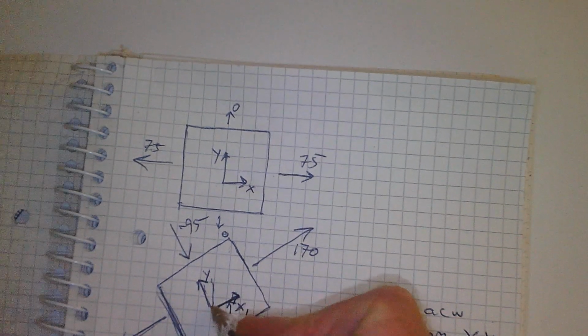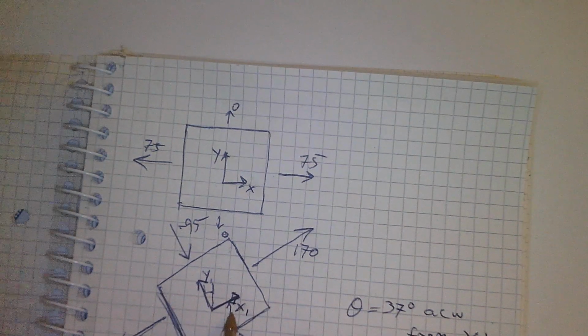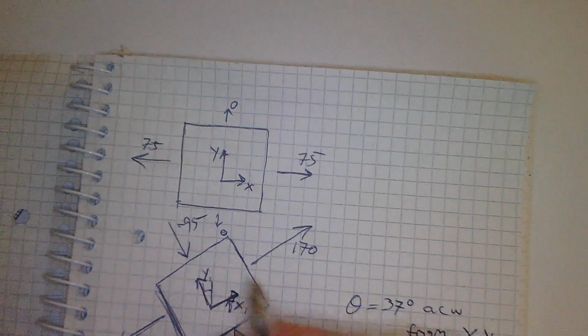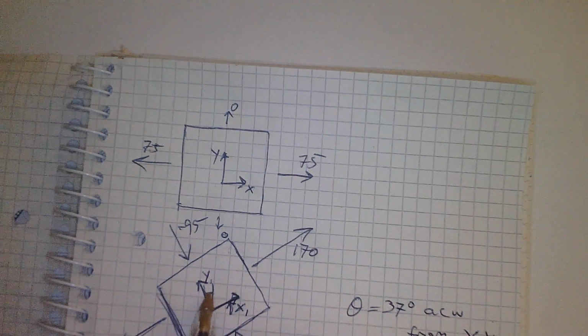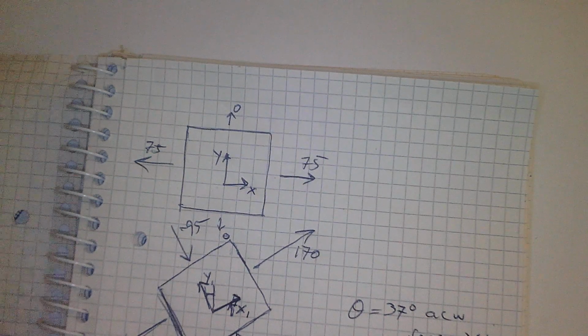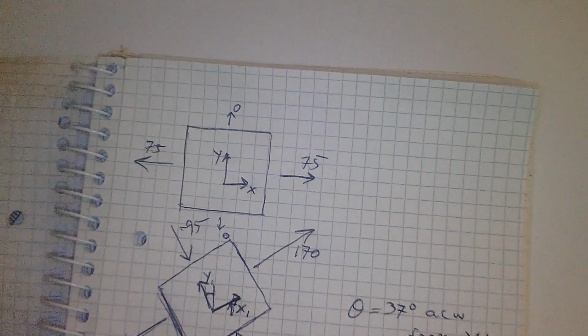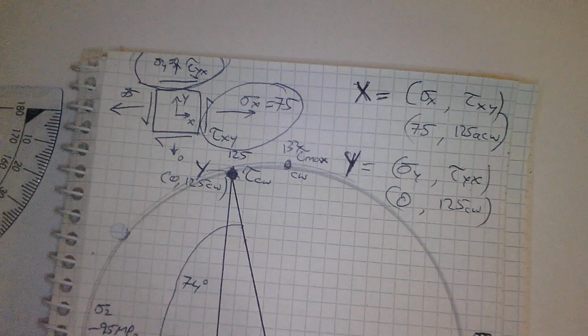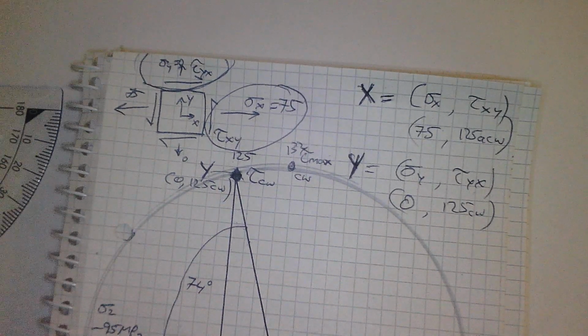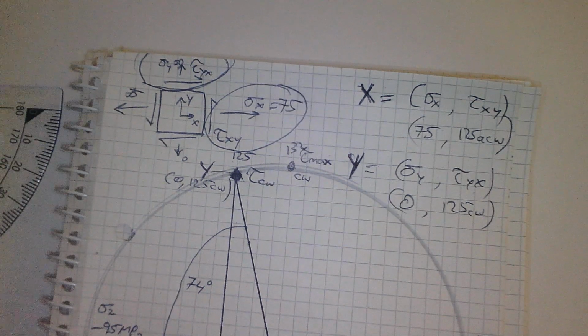Okay, so your new x-axis is 37 degrees anti-clockwise from your old x-axis. Your new y-axis is 37 degrees anti-clockwise from your old y-axis. And that corresponds to the 74 degrees from your x to your principal stress on Mohr's circle.